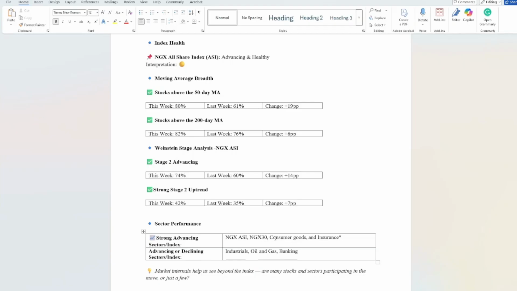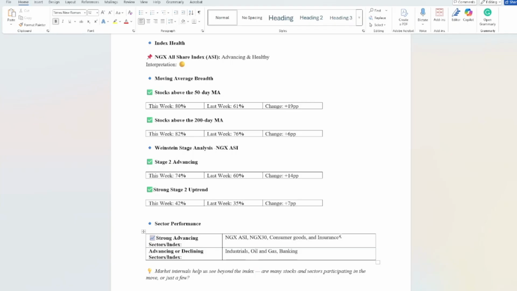The consumer goods is in a strong uptrend, and the insurance is sitting on a fine line, right? The sector is advancing, but it's recently, I'll say this last week, nudged into the uptrend phase, but it hasn't confirmed.